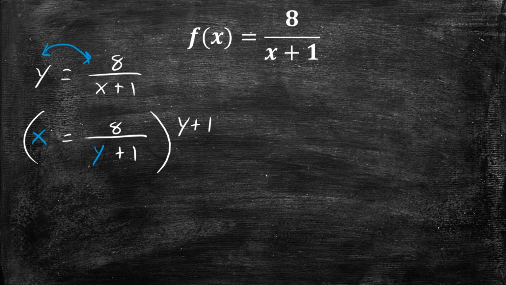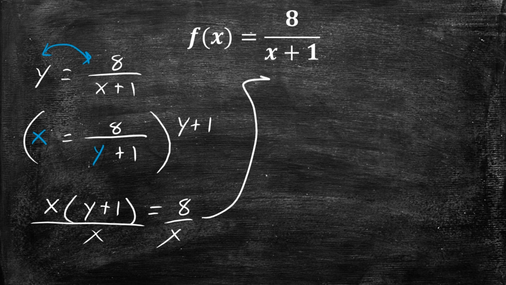And when we do that, we will get x times y plus 1 is equal to 8. All right? And now we want to isolate the y, so we're going to divide by x, divide by x, and then that is going to give us y plus 1 is equal to 8 over x.